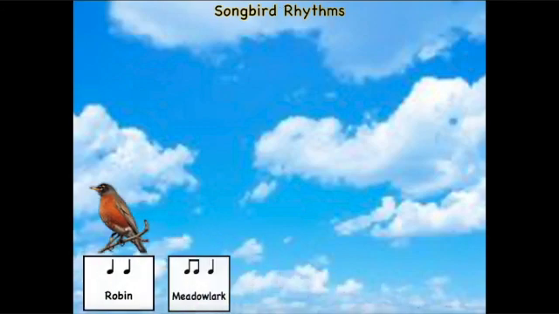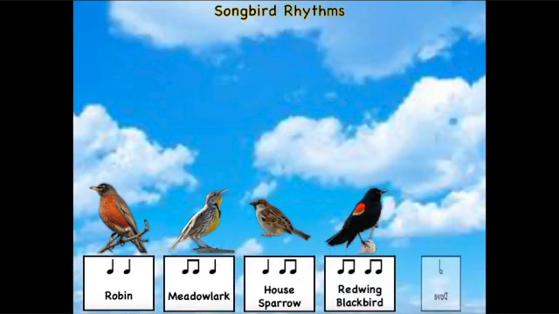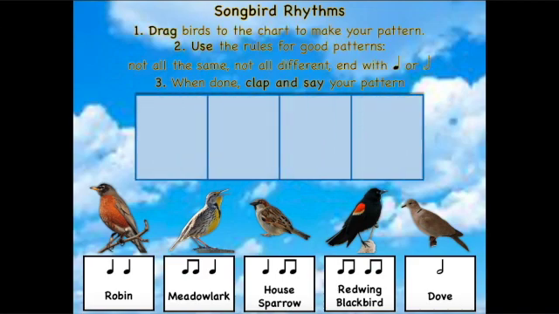Okay, so we've met all of our birds, and let's have them all come up here. We've got robin, meadowlark, house sparrow, red-winged blackbird, and dove. We've had lots of practice doing this, so I think it's a good chance for us to try one more time before the end of the year, putting together some patterns. So we're going to drag the birds into our chart to make a rhythm pattern.